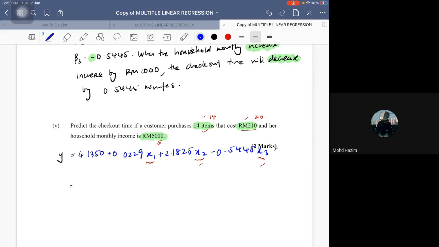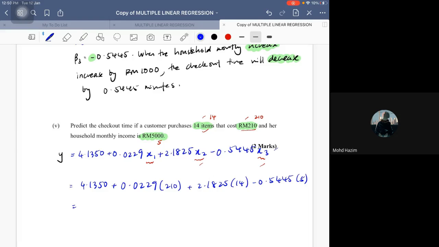So therefore, here I'm going to have 4.1350 plus 0.0229 times x1, which for this case is 210, plus 2.1825 multiplied by x2, which is 14 items, and the last one is negative 5.445 multiplied by 5. Okay, somebody calculate for me.